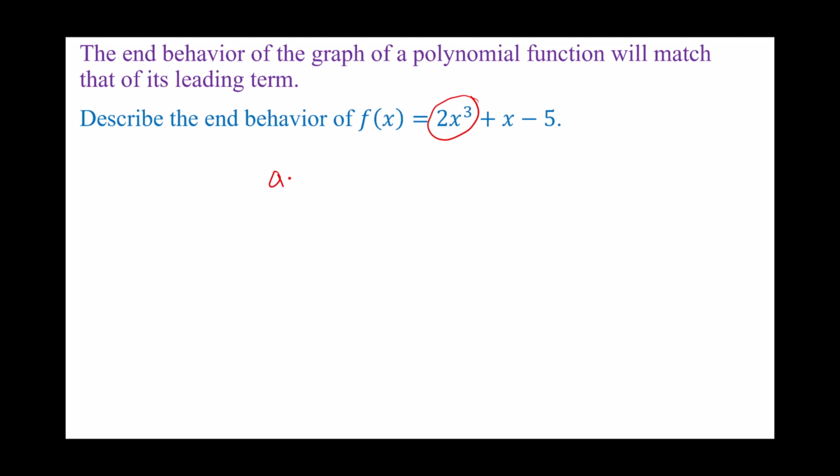So we might say as x approaches infinity, y approaches infinity, and as x approaches negative infinity, y approaches negative infinity. The reason is that our leading term is positive and our degree is odd. So on the right side it's going up, on the left side it's going down.